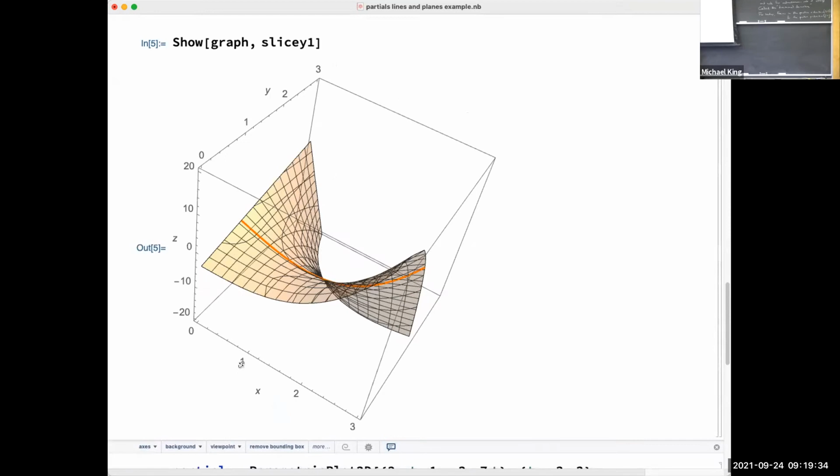So if we want the positive x direction, let's consider the cross section y equals 1.